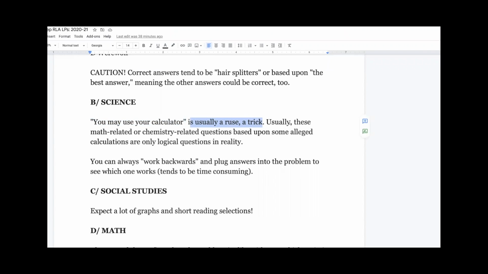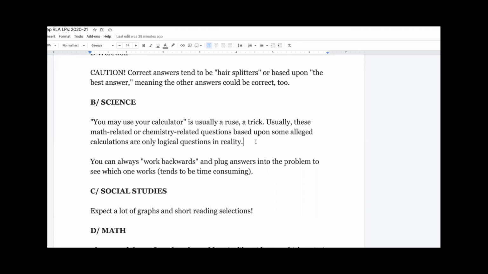It's a ruse. It's a smoke screen to get you nervous, to make you think this is a really tough question. Oh my God, I better think carefully. And so what I'm telling you is it's probably a trick, and you don't need your calculator. It's probably a logic type question.